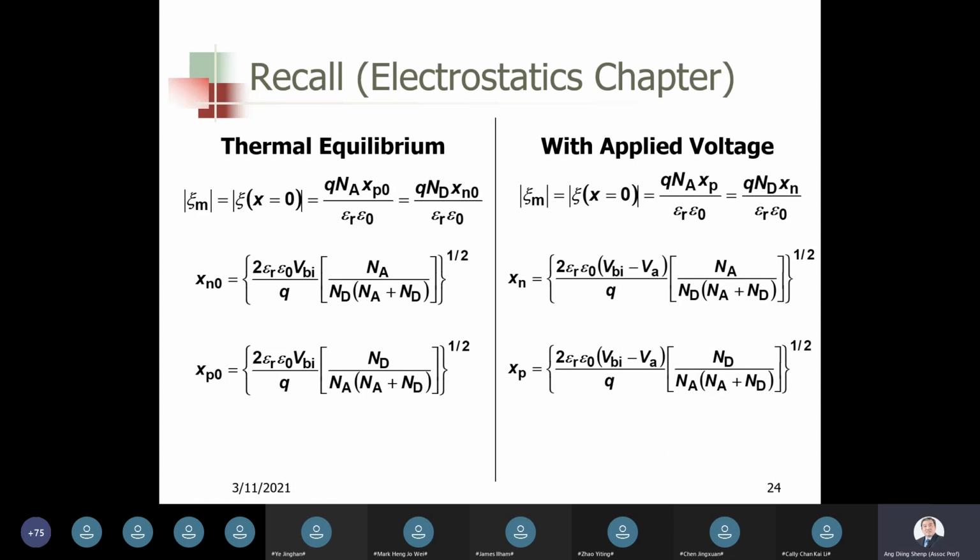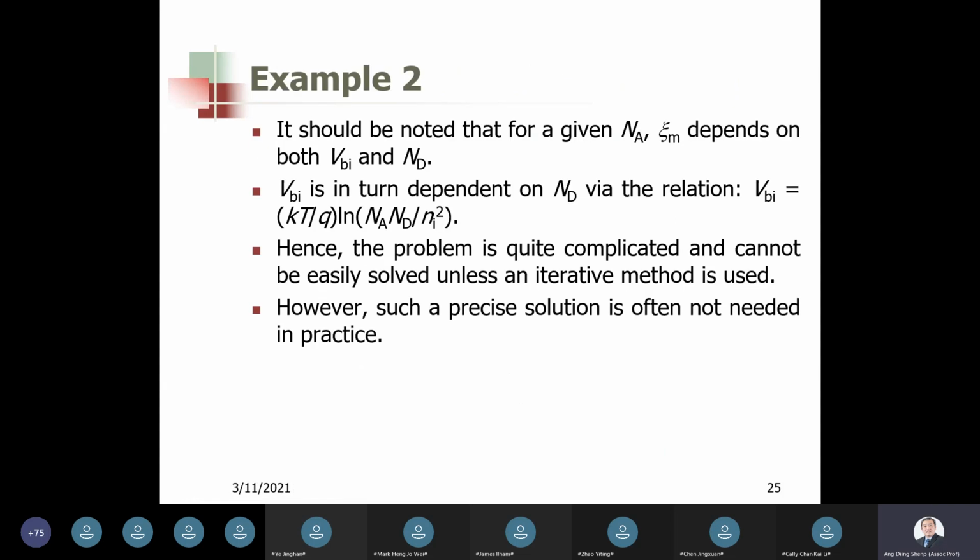So how do we do that? That's the next question. Fortunately, for this given problem, the applied voltage VA is minus 25 volts, or the magnitude is 25 volts. And if you may recall, VBI for a silicon PN junction is typically 0.7 volts.